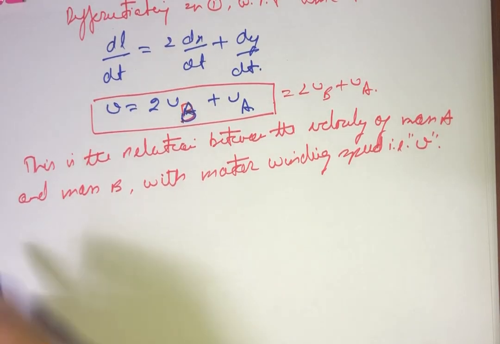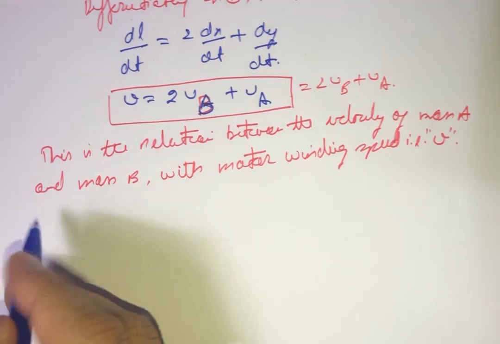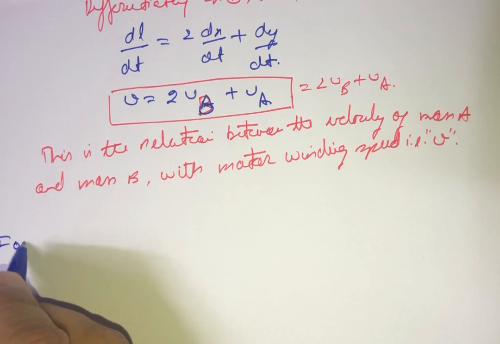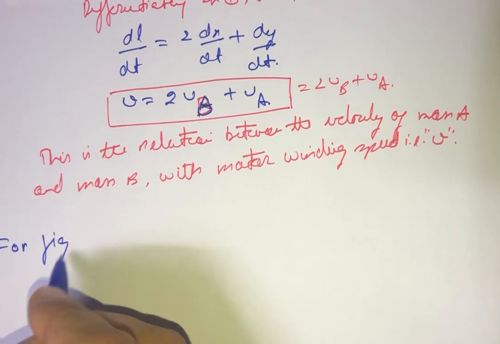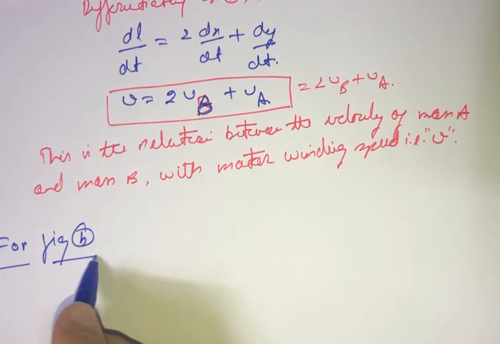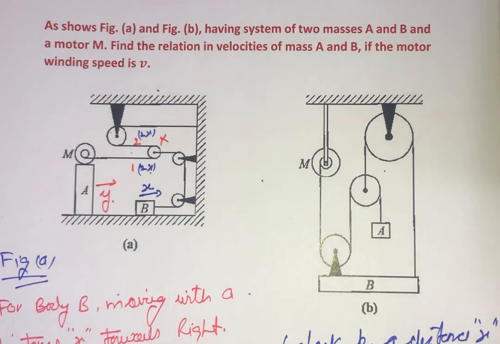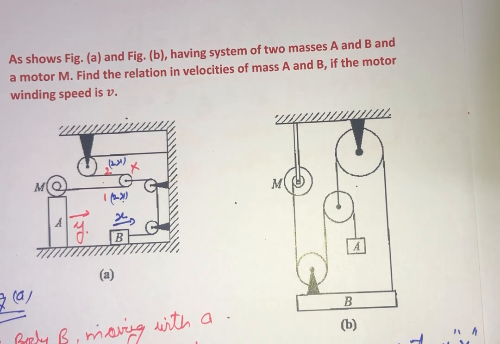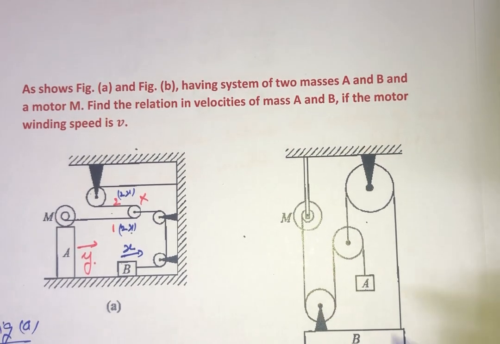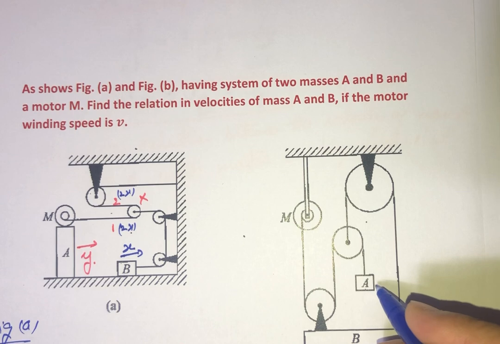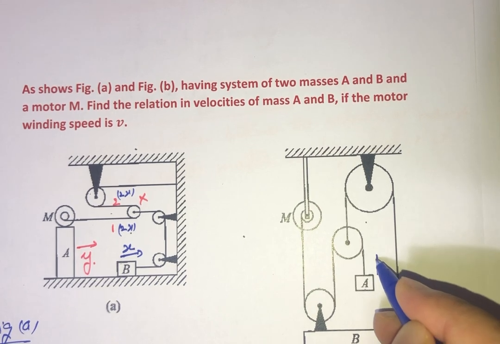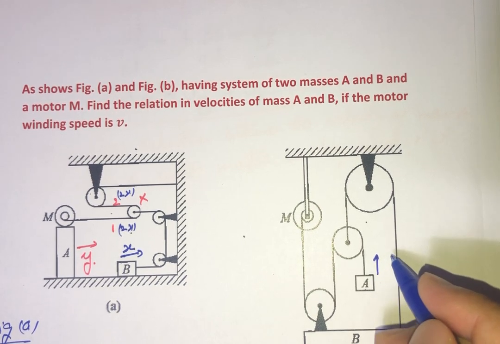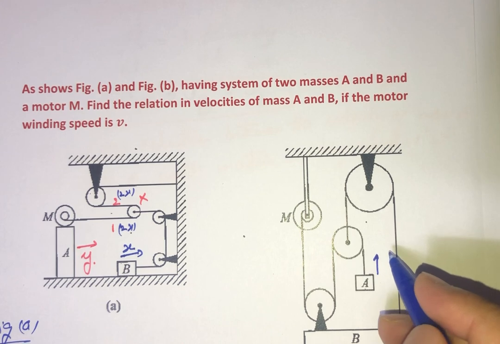Now for figure B. For figure B, let us say that mass A moves in the up direction by x distance.